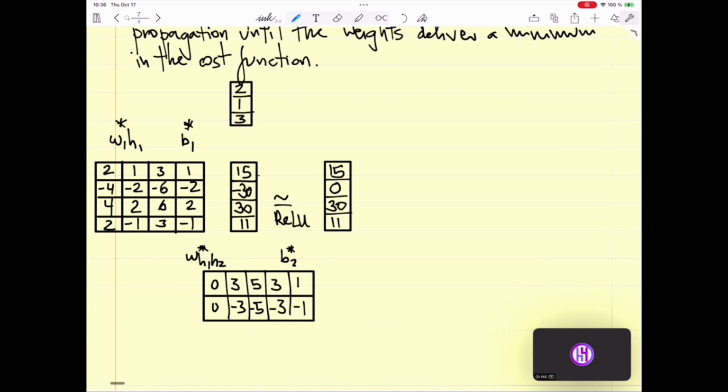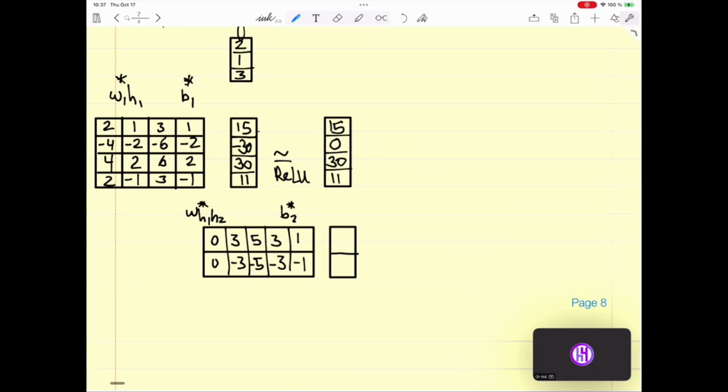Because we are updating the products, I perform my calculation. 0 times 15 is 0, 3 times 0 is 0, 30 times 5 plus 3 times 11 plus 1 is 150 plus 33, 183, 184.